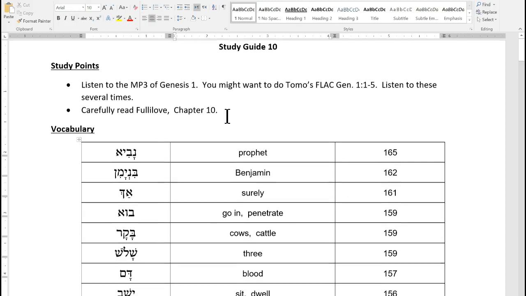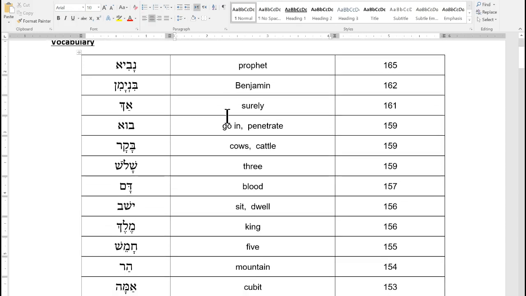So our vocabulary, and this will be included on the final exam, but these are the final set of words. So Navi is prophet. Ben Yamin literally means son of my right hand. Ak is surely. Bo, go in or penetrate. Bakar is cows or cattle. It is used as a collective word. Shalosh is 3. Dam is blood.